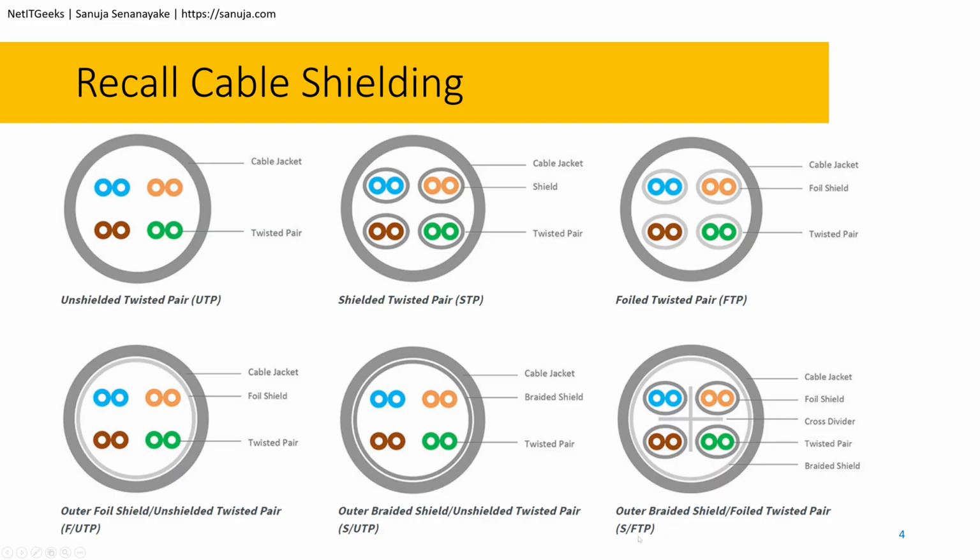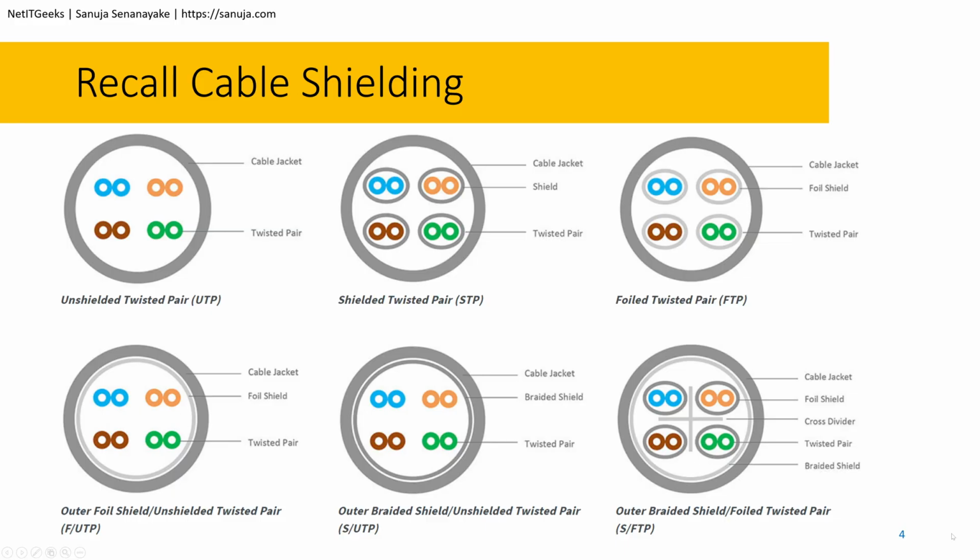And when you have SFTP, we also have a cross divider like this. So in addition to foil shields between each twisted pair, the cable jacket, and another braided shield right beneath it, we also have an actual plastic divider between each of these pairs.